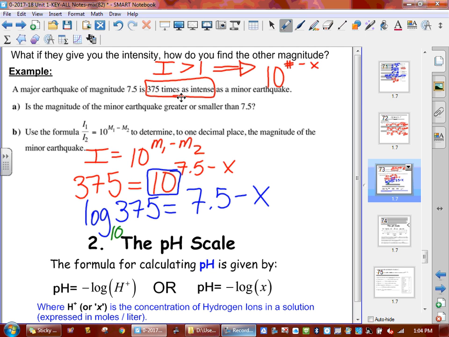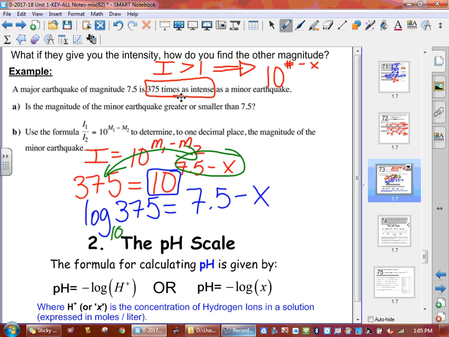Because that's what it does. It hides if it's a 10. So we have log base 10 of 375. Now, just like we know, we take the exponent and the other guy, and they swap places, because that's how we convert things, right? We just swap places. So now we've done our switcheroo.